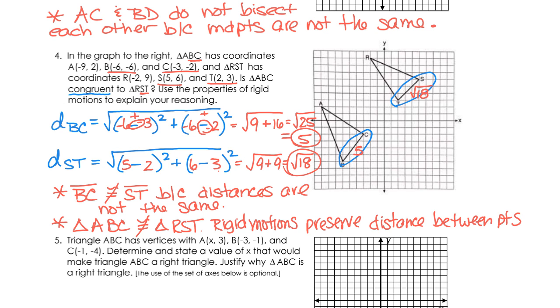And the distance here is not preserved. So we can also say that they preserve angle measure too. So we'll say rigid motions preserve distance between points and angle measure. But distance was not preserved. Okay, we'll leave it like that.